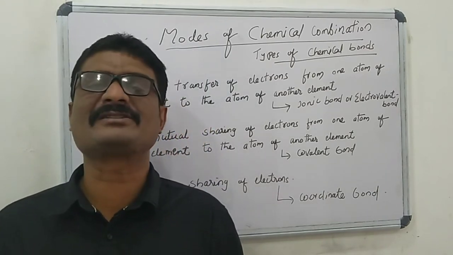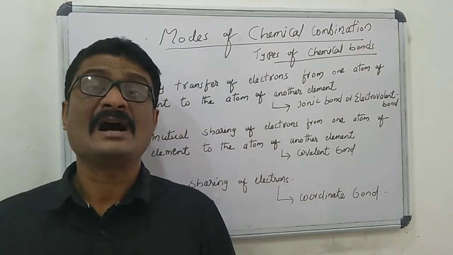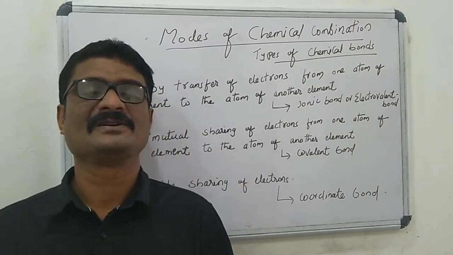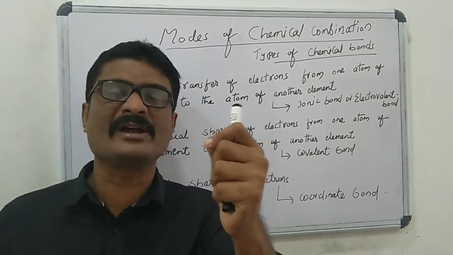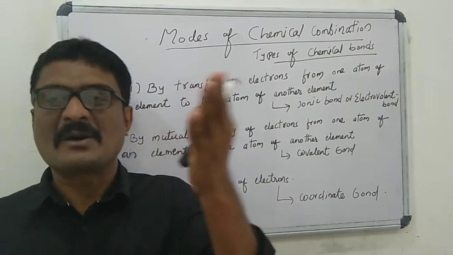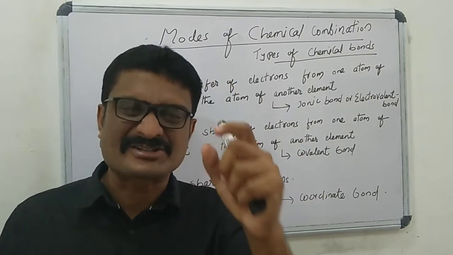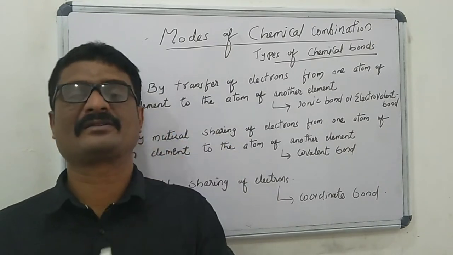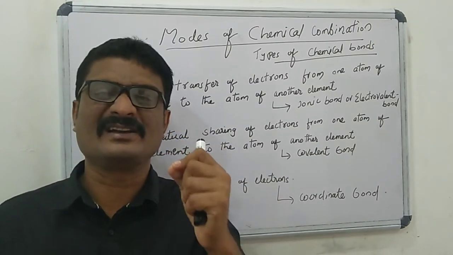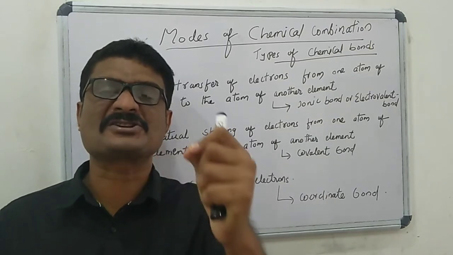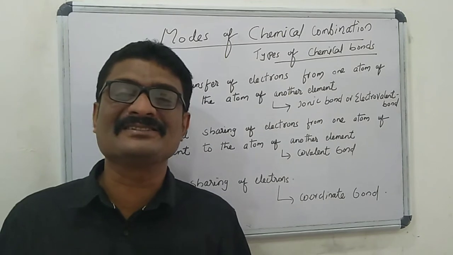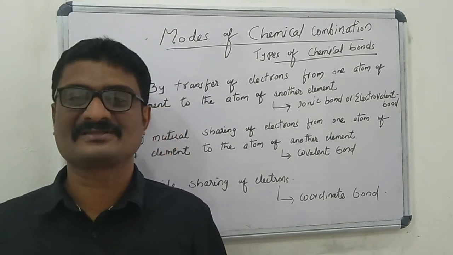According to this electronic theory, atoms take part in bond formation to complete their octet, that means, to acquire the electronic configuration of the nearest inert gas atoms.